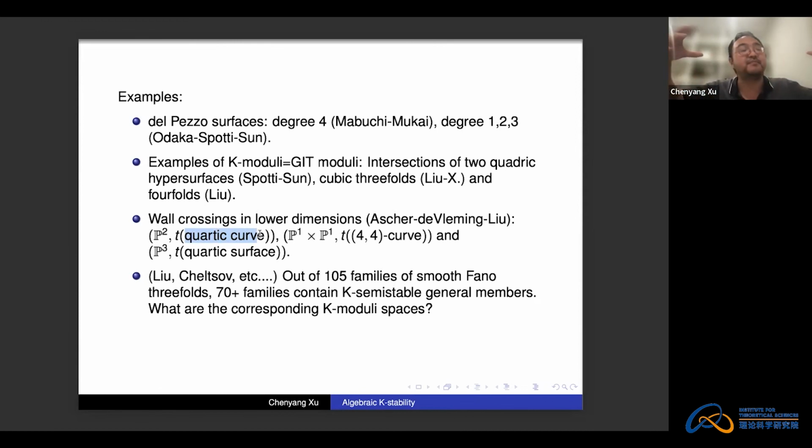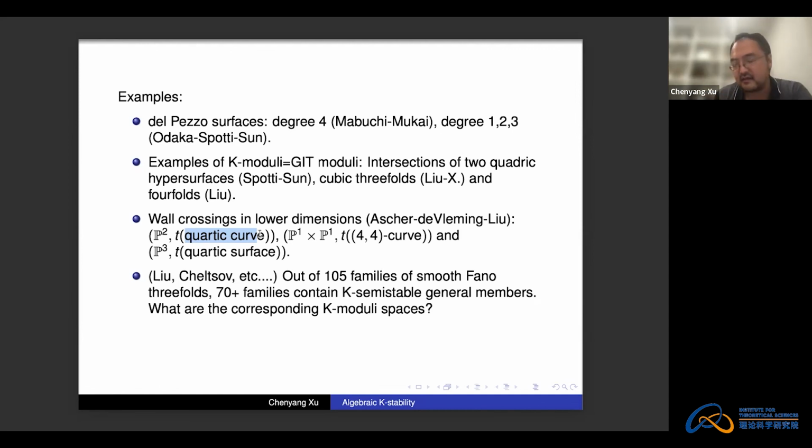There are basically finitely many walls, and when you cross some walls it looks like a local GIT. They also work out all the walls for cases like a P2 with a conic curve, also P1 times P1, and a quartic curve, also P2 with a cubic curve, and many other examples. I think they are probably still working on it.